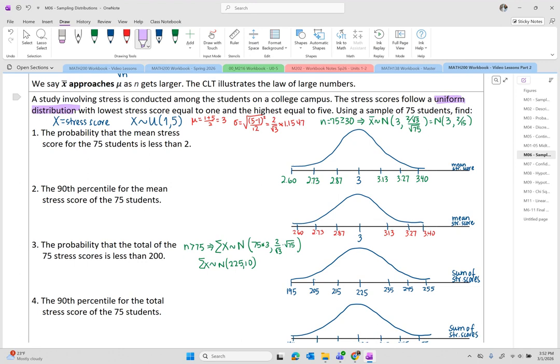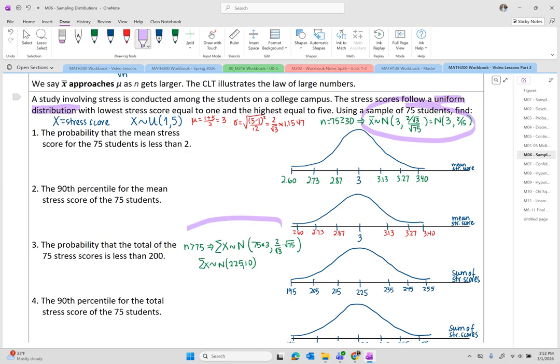If we have a sample of 75 students, the sample size is greater than or equal to 30, and therefore the mean will follow a normal distribution with mean equal to 3 and standard deviation, or standard error, equal to sigma divided by the square root of 75, which comes out to be 2/15.